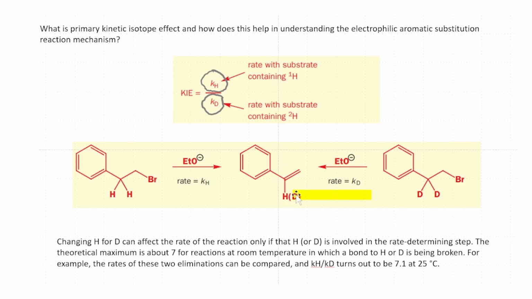Now if these two measurements can be done, OEt minus is expected to come and attack here and kick out the bromide.